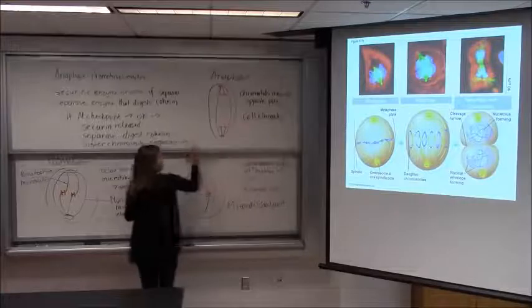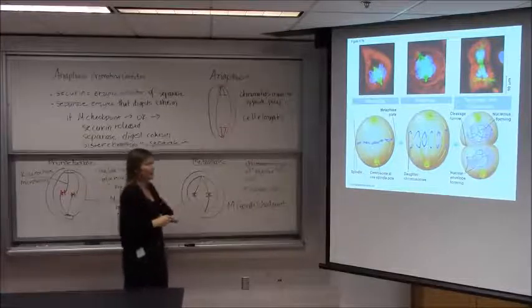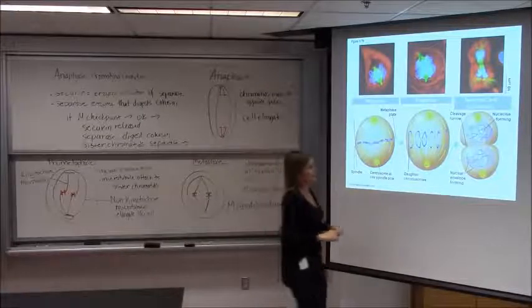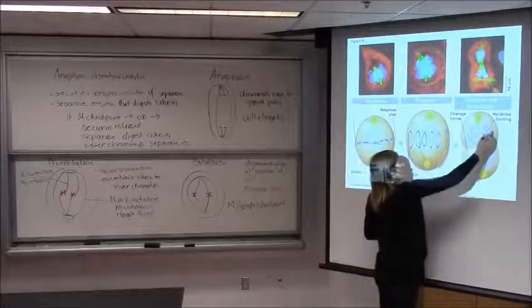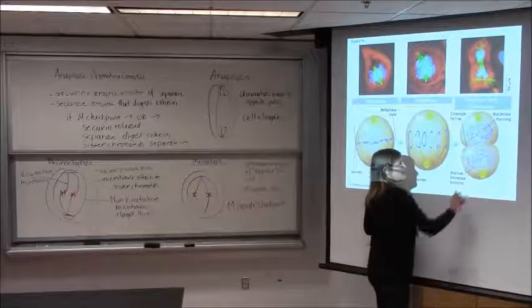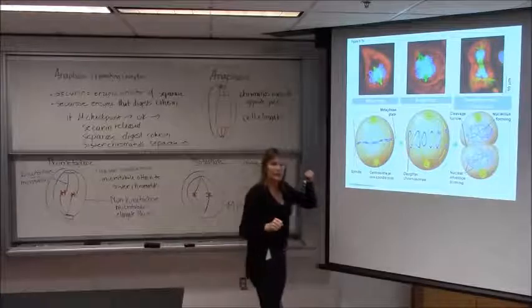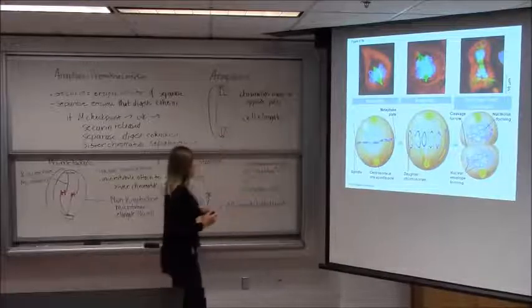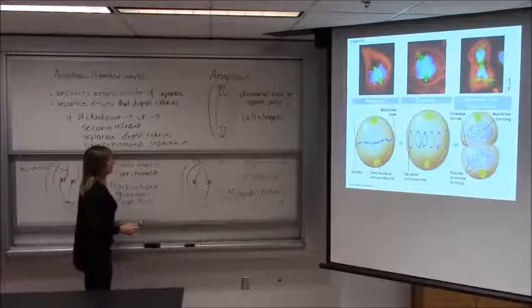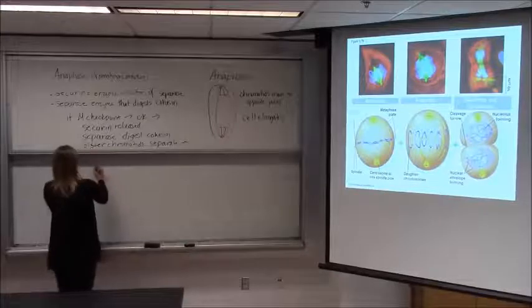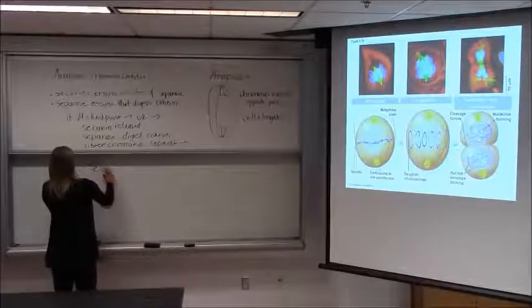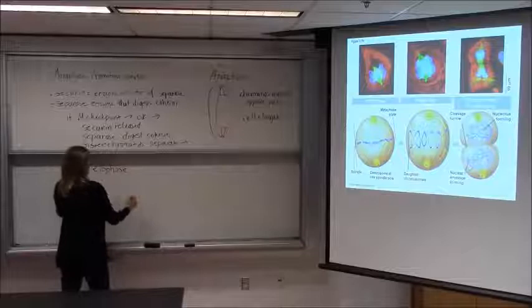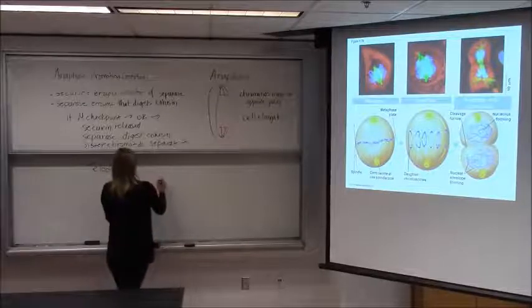We know we're at the next phase, telophase, when those nuclear envelopes start to reform, essentially forming two new nuclei. So telophase, however you want to pronounce it. Two stages.